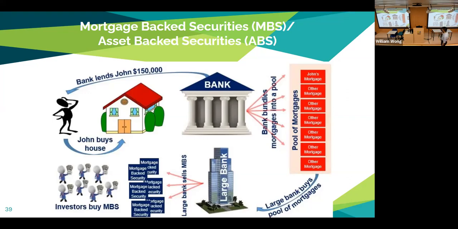So they assume they lend $150,000 to 100 different people. When the bank collects all these mortgages, all these loans, they combine them and send them to another bank. Let's say this one will be HSBC, and they send it to Goldman Sachs. Goldman Sachs will have a team to package the entire thing, and then they resell it to investors.